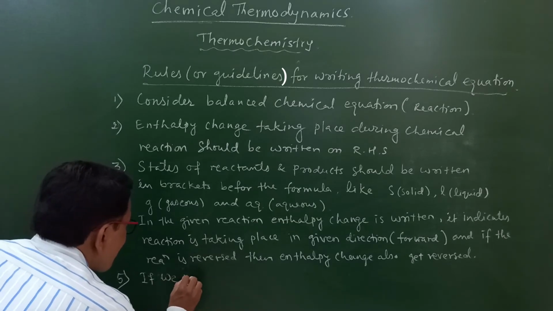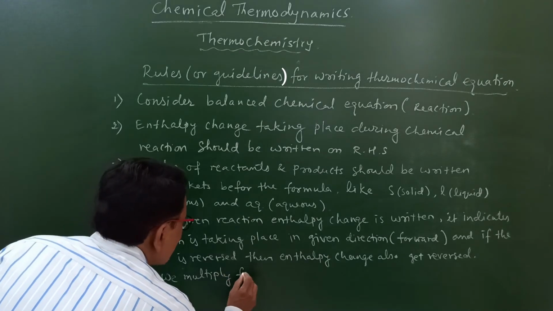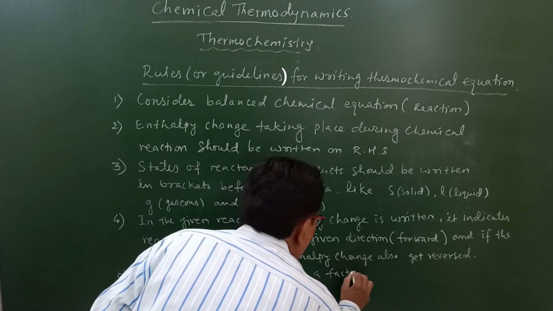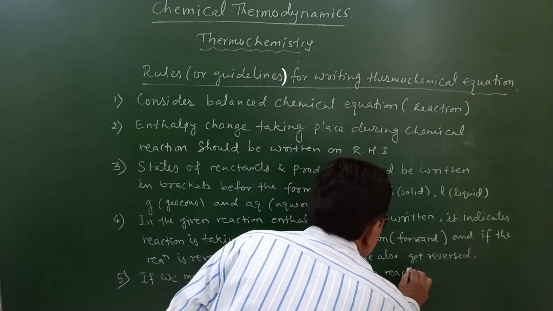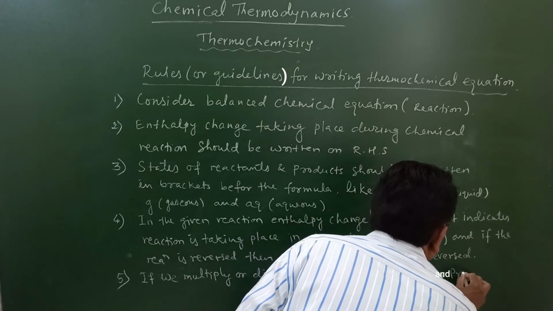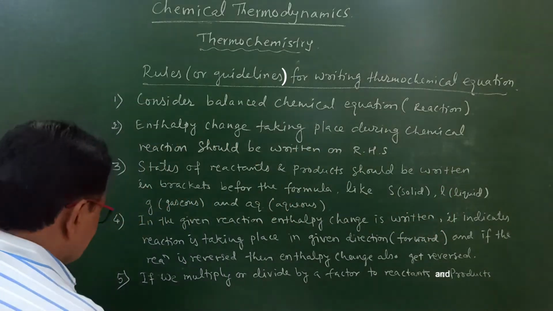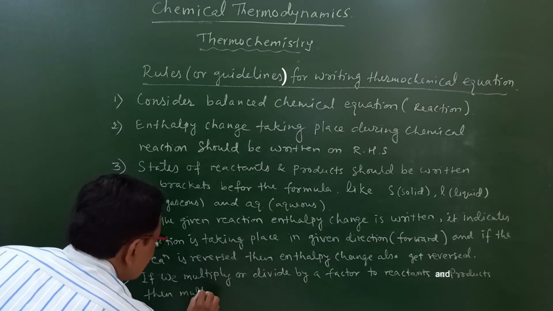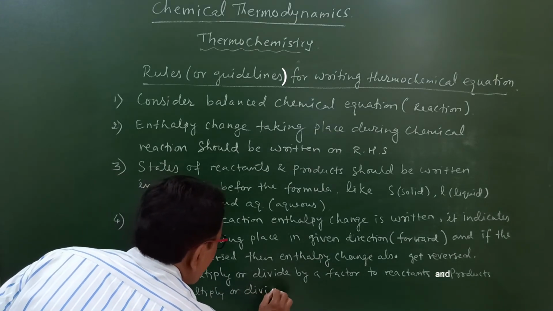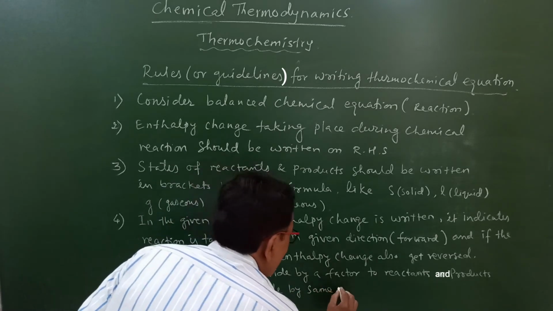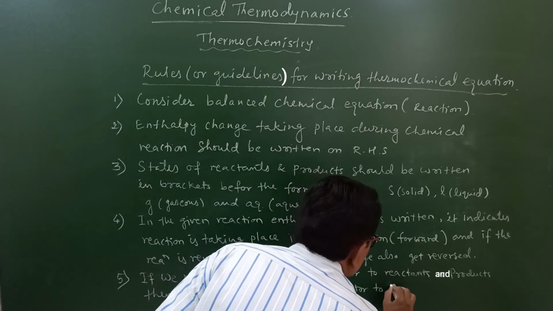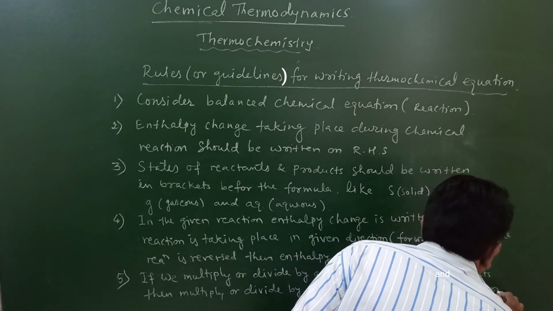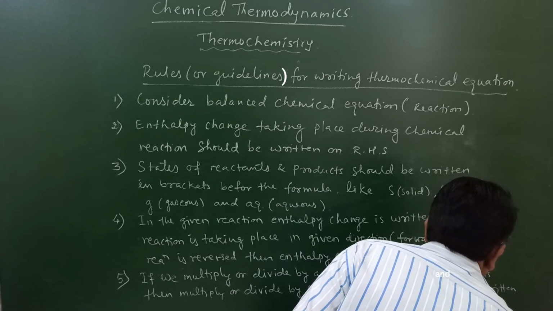If we multiply or divide by a factor to reactants or products, then multiply or divide by the same factor to the enthalpy change written on the right hand side, RHS.